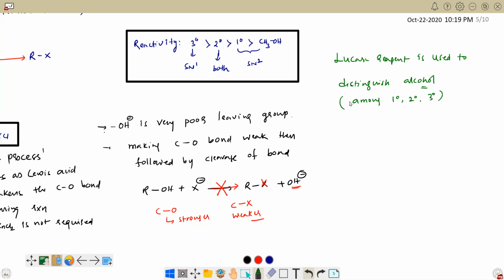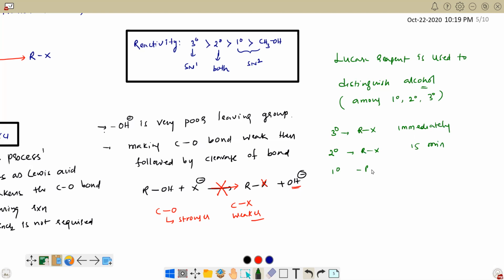Why is it so? Its reactivity varies with 3 degree, 2 degree, 1 degree. Yes, correct. So 3 degree alcohol forms RX readily, immediately. 2 degree alcohols will give RX within 15 minutes.